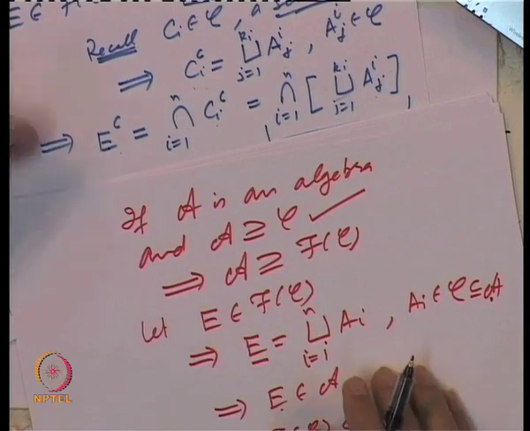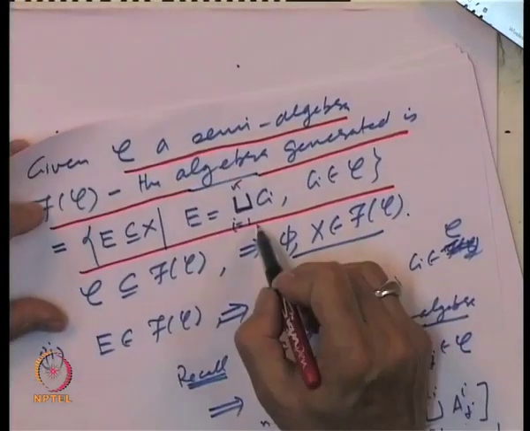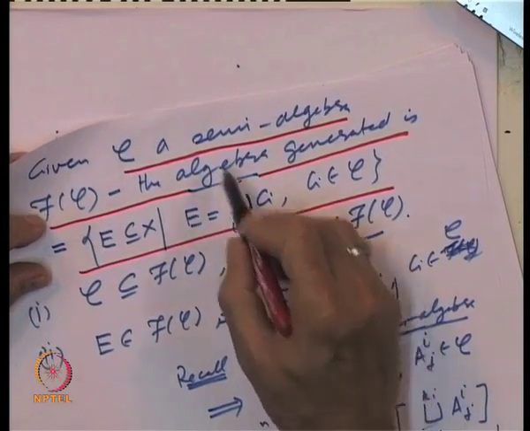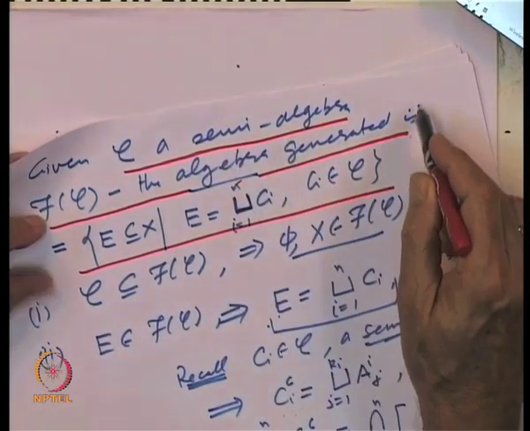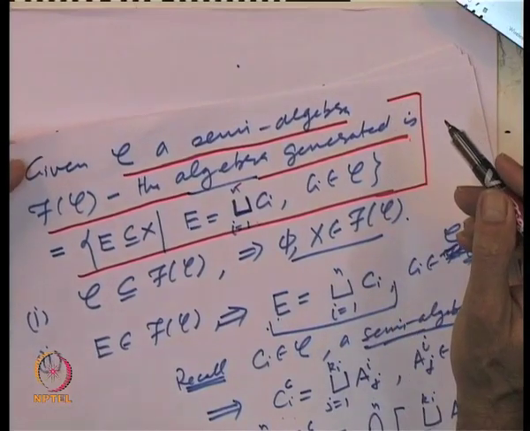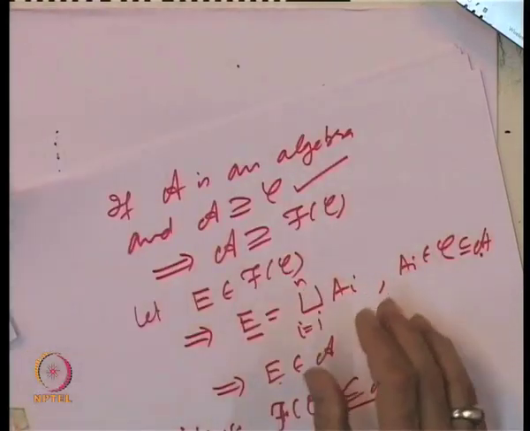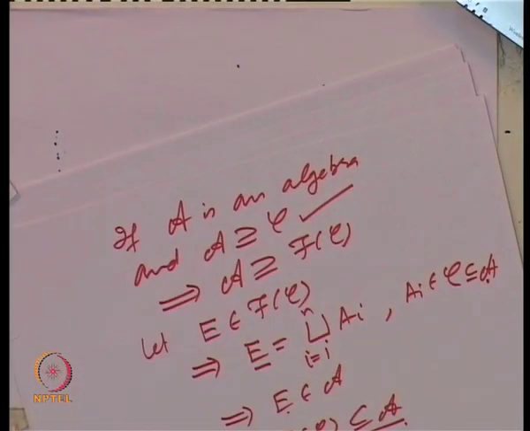So, what we have shown is that this collection f of C of finite disjoint unions of elements of the semi-algebra is indeed the algebra generated by the semi-algebra. So, we are able to describe completely the algebra generated by a semi-algebra.